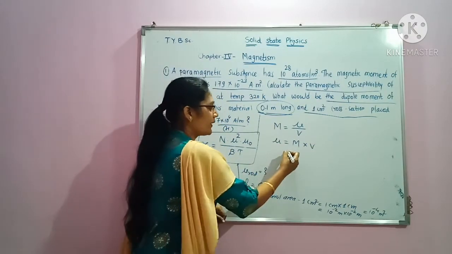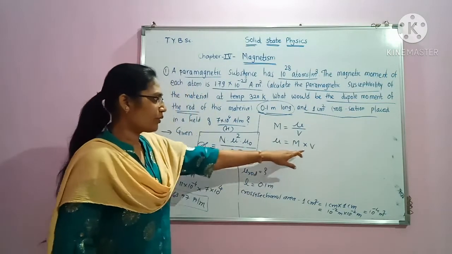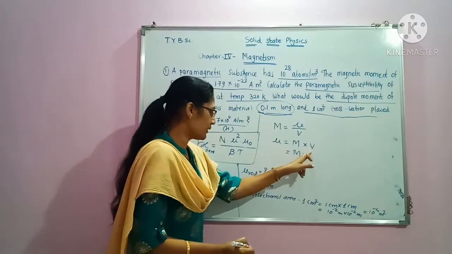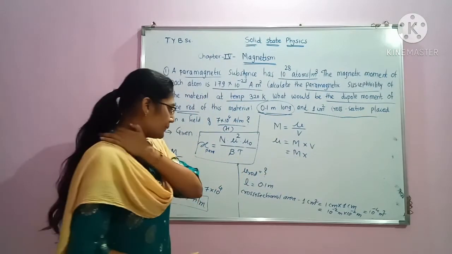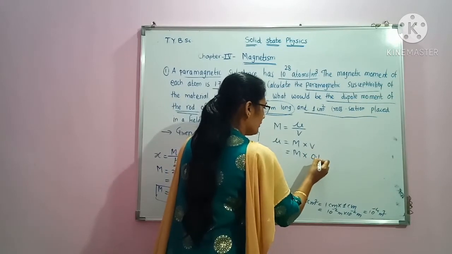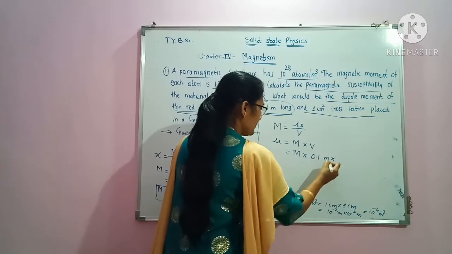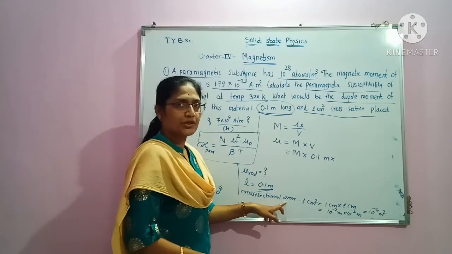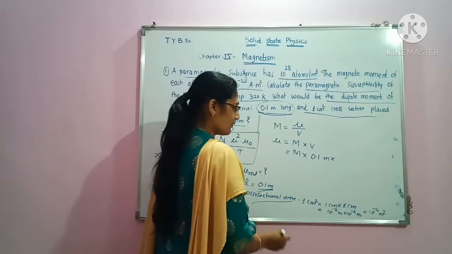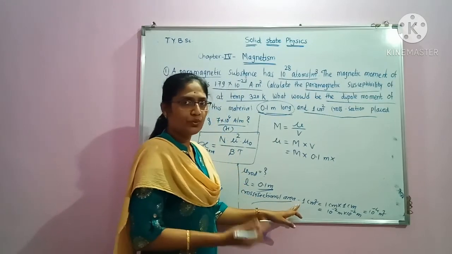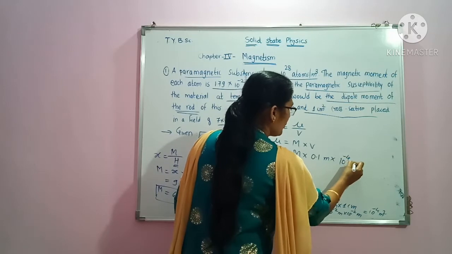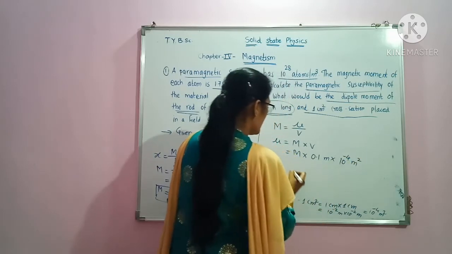How to calculate the volume? Volume is L into B into H. Here L is 0.1 meter, and instead of L into B, cross sectional area is given and we have converted it into meter. Its value is 10 raised to minus 4 meter square.